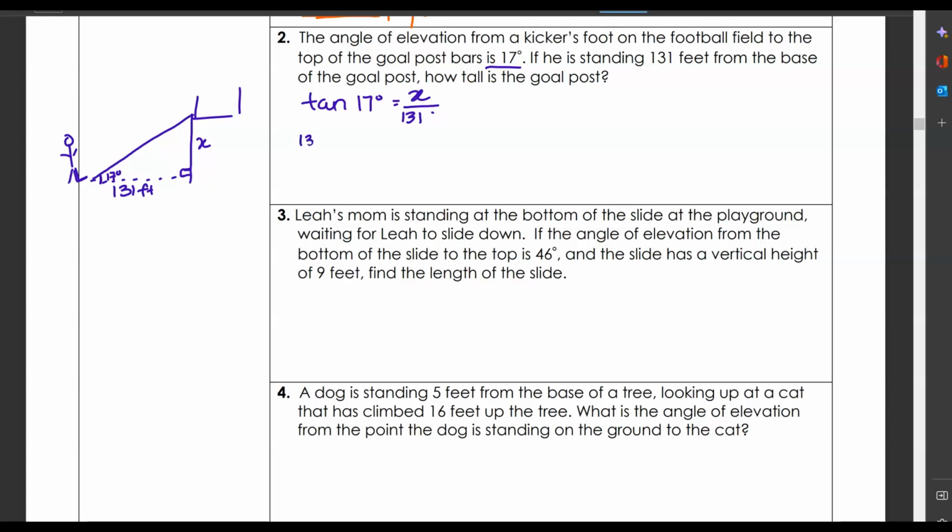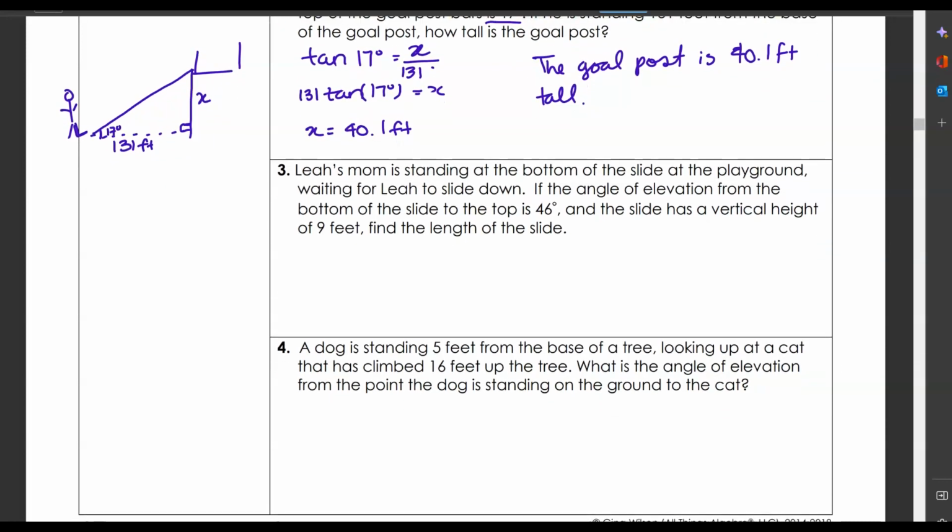And we're multiplying 131 on both sides. This is equal to x. So then we get that x is 40.1 feet. Okay, so we'd say that the goalpost is 40.1 feet tall. All right, go ahead and take a moment and try the next two.